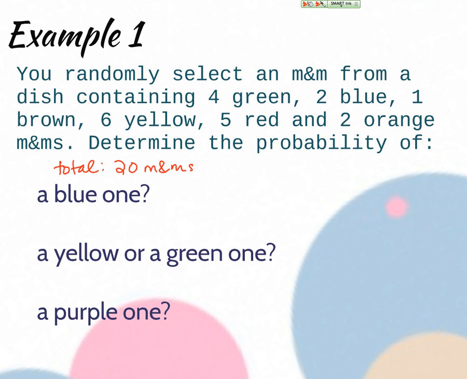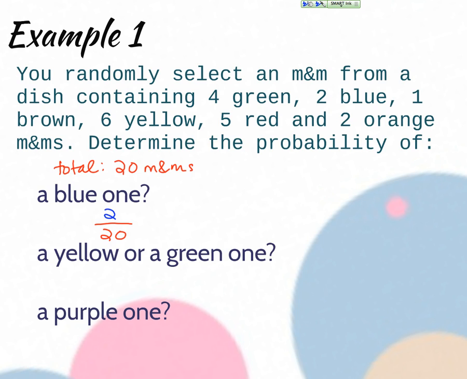So remember when we do our probabilities, it's how many times that event could happen over the total number of things. So 20 goes in our denominator, but how many blue M&Ms do we have? There are two different options for getting a blue M&M. So that's how many times that event could happen. Now you always want to simplify, or you can give your answer as a decimal.